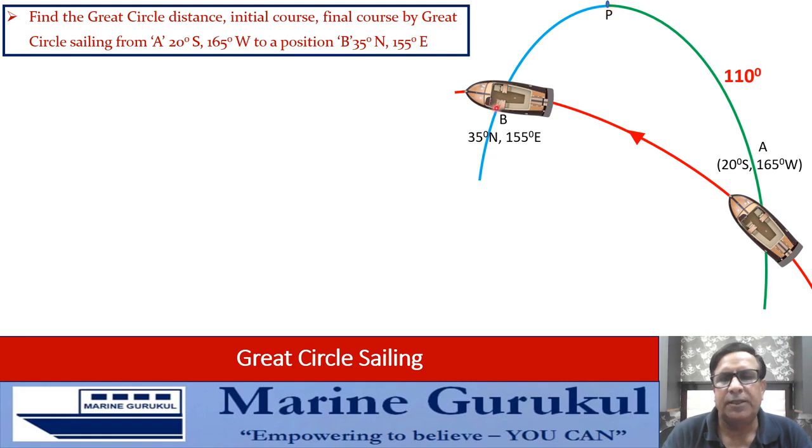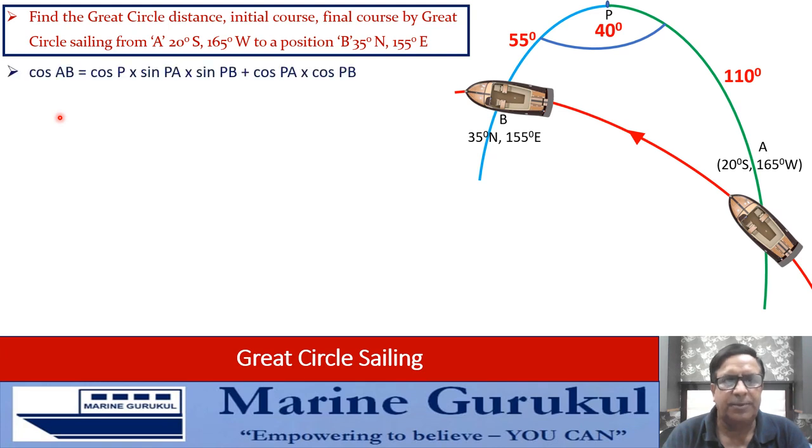PB would be 90 minus 35, that is 55, and angle P will be the D long from 165 degrees west to 155 degrees east, that is 40 degrees. Now having made the triangle and loaded the information, it's only a matter of applying the formula. We write the cosine formula for side AB.